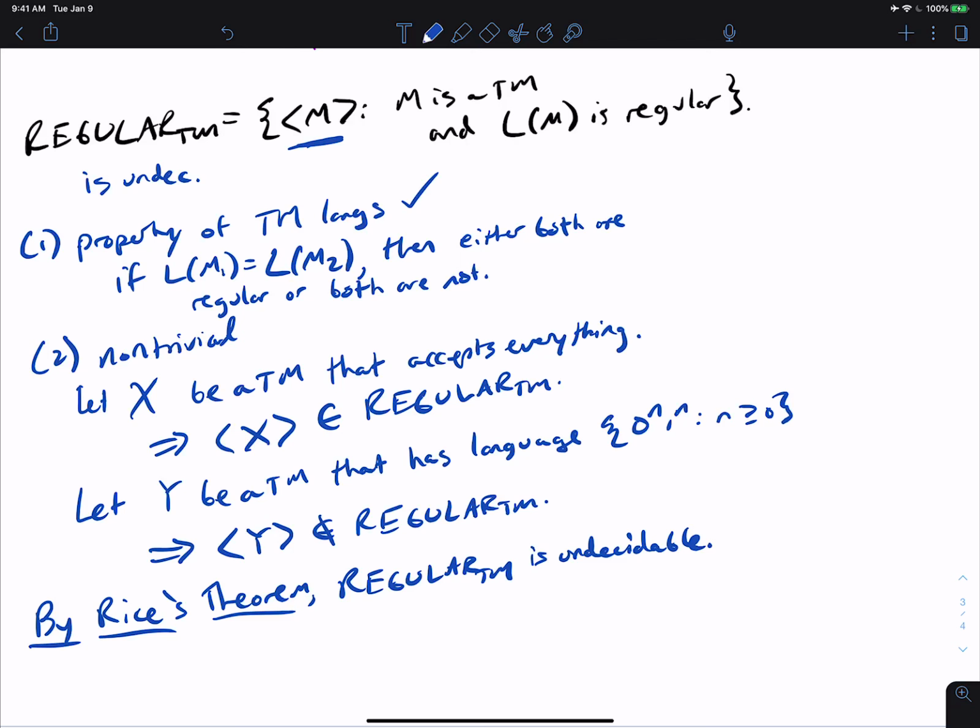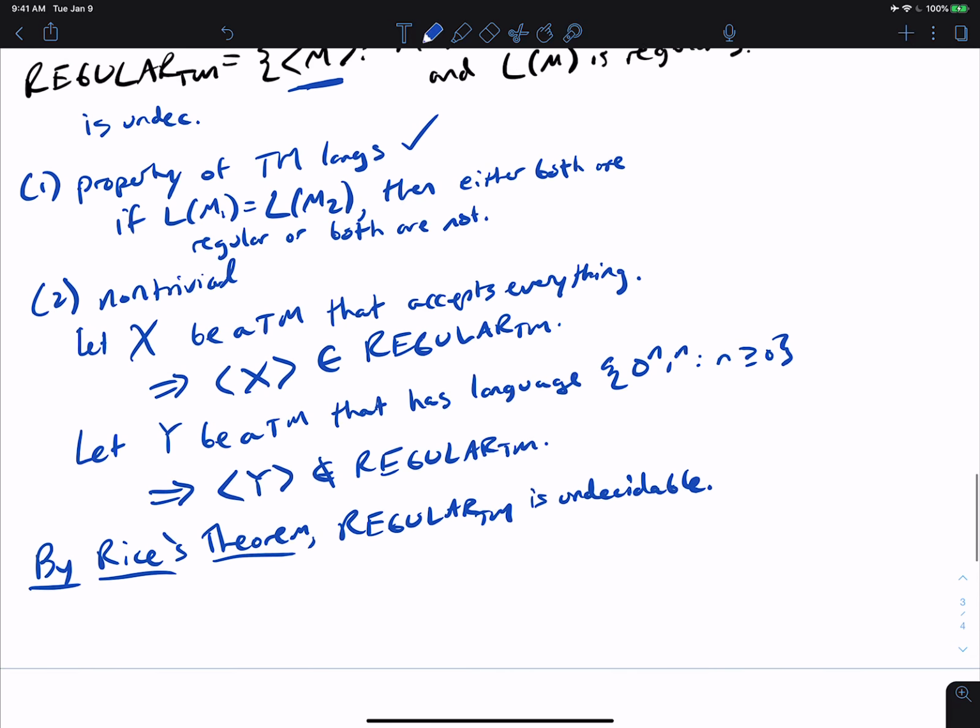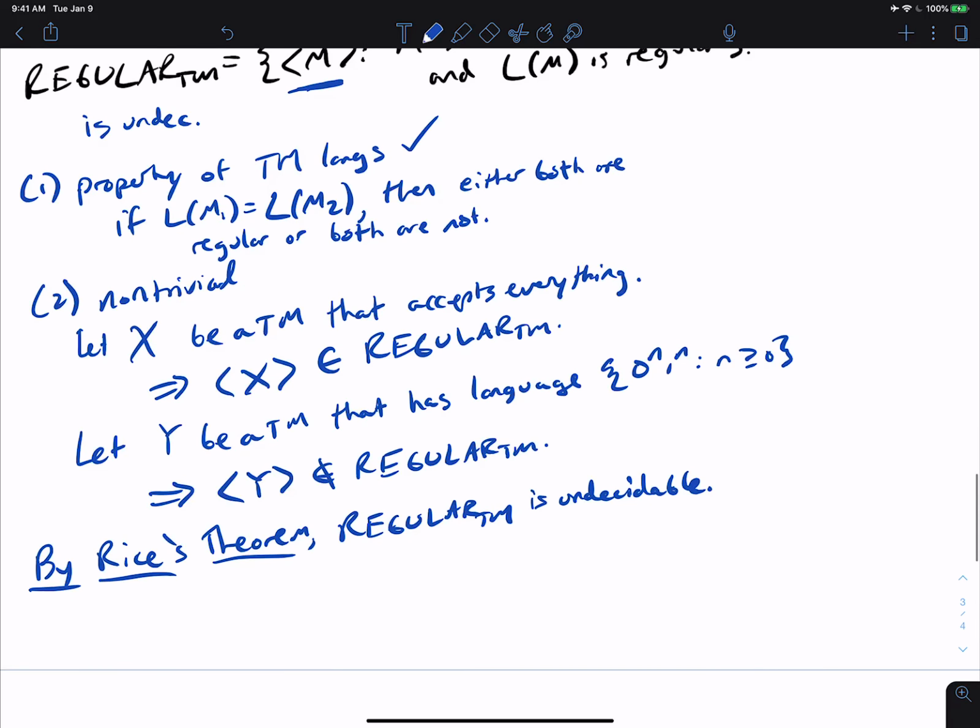It'll save your soul, I swear. It is a godsend. So please use Rice's theorem. And in this case, we can. If we're given a problem like EQTM, for example, we can't use Rice's theorem, and then we have to use other techniques. But if you can apply Rice's theorem, please do so.